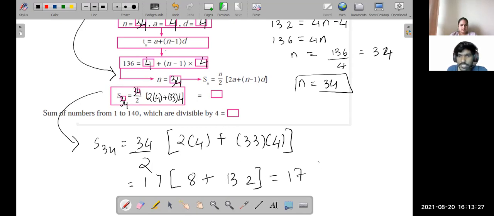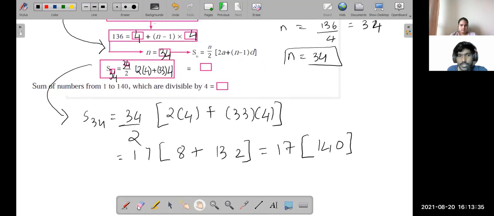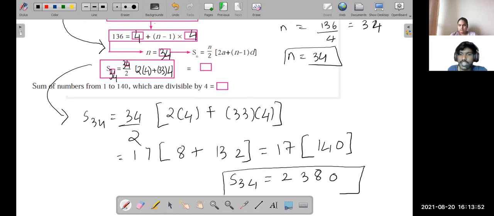So this will be 17 multiplied by 8 plus 132, which is 140. So you have to multiply 17 with 140, which is 2380. So S34 is 2380. Same thing here: the sum of the numbers from 1 to 140 is 2380.